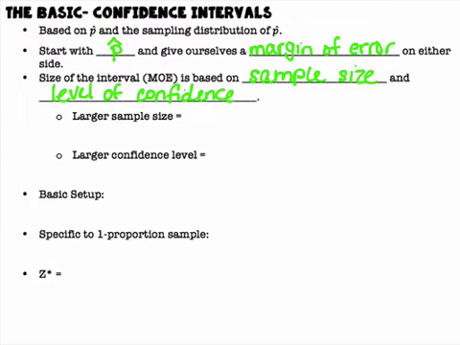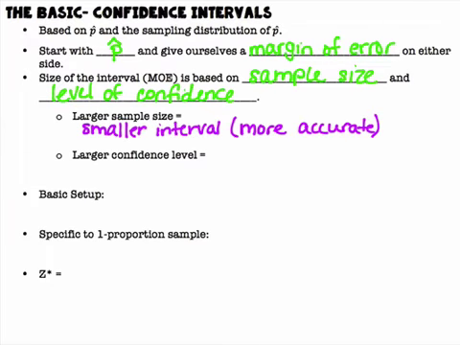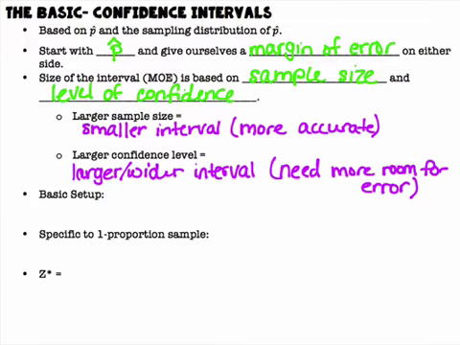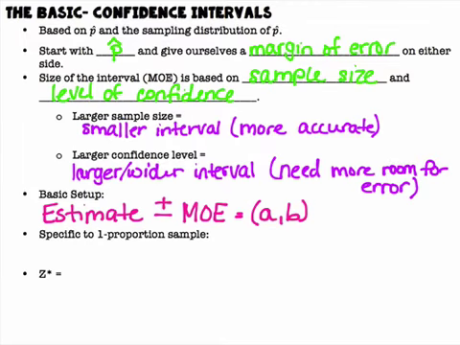So if I have a larger sample size, I'm going to have a smaller interval and it's going to be more accurate. If I have a larger confidence level, I'm going to have a wider interval, and I'm going to need more room for error. So I'm going to have a larger error. The basic setup is your estimate, which is p hat, plus or minus your margin of error, will give you your two values, your lower value and your upper value.